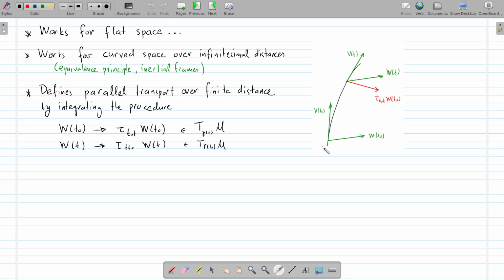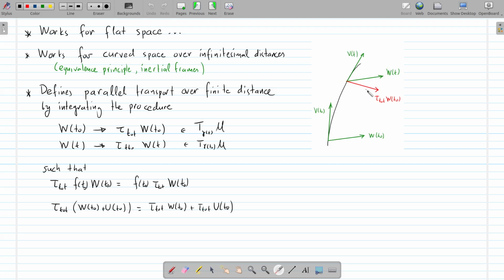So if you have W at the point T0, you can use Schild's ladder to parallel transport it to the point given by the parameter T and compare it with the value of the vector field at the point T. By doing this comparison, you can compute the derivative.